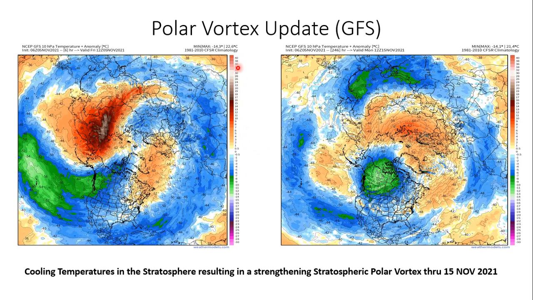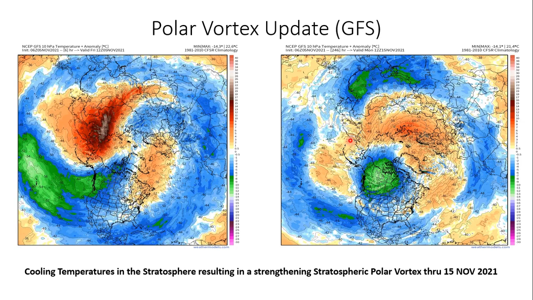The warmer colors indicate warmer than normal temperatures in the stratosphere, and the blues, greens and purples indicate below normal temperatures. At the present time, the polar vortex is situated over the Arctic where we'd expect it to be, with the warmest stratospheric temperatures to the west of the vortex.